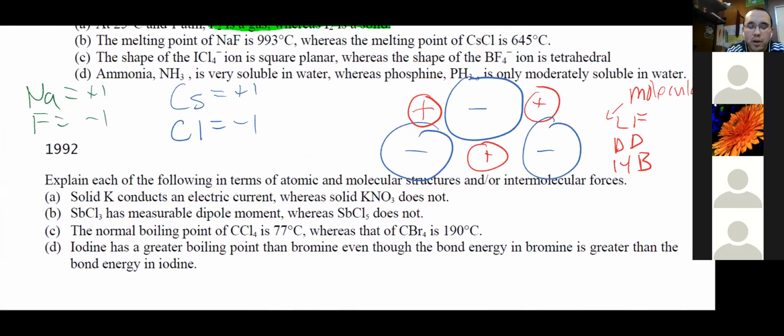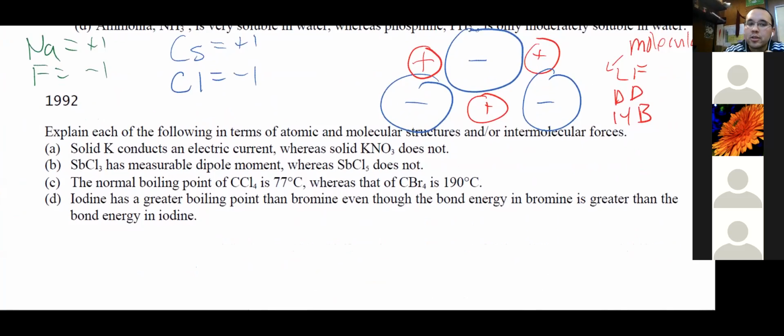So now let's look at this part. Who is bigger, sodium or cesium? Whose volume is larger, a sodium ion or a cesium ion? And so look at your periodic table.